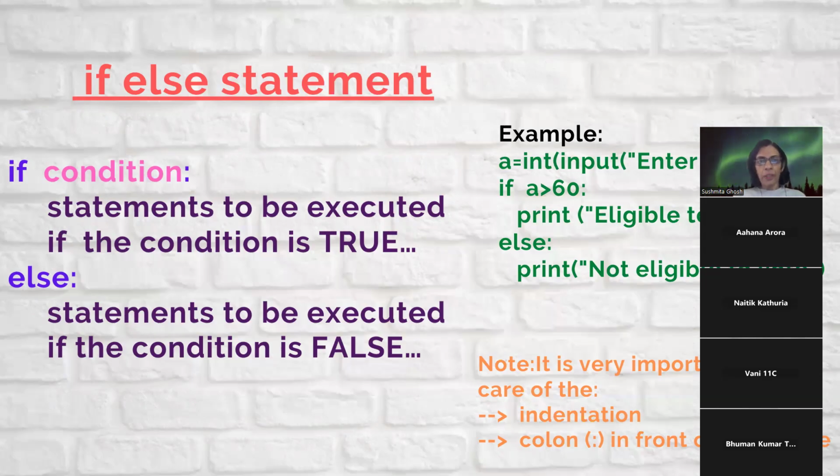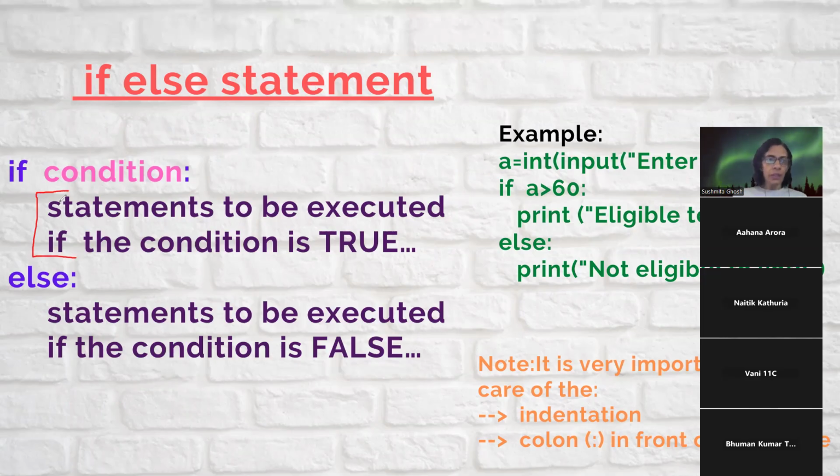Okay. So here is the next format, where I'm saying that if the condition is true, statements to be executed if the condition is true. So whatever you want to do, single, multiple statements, whatever. But please note, and you're going to do it for the first time, it is a little indented inside.